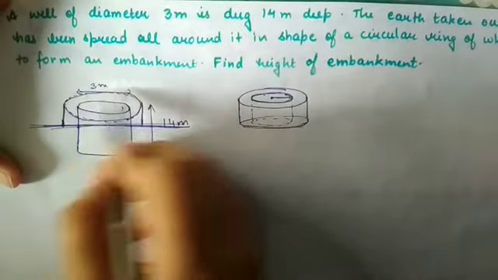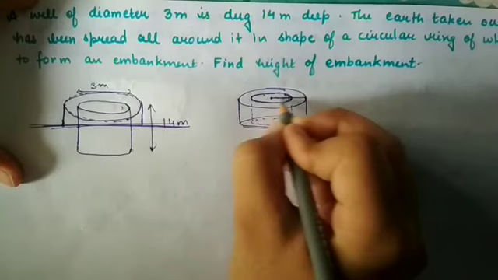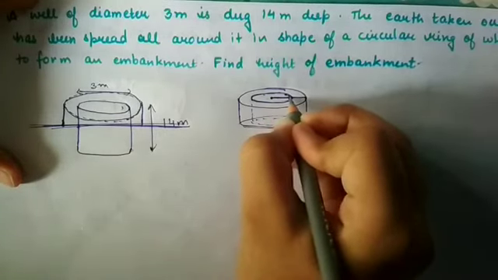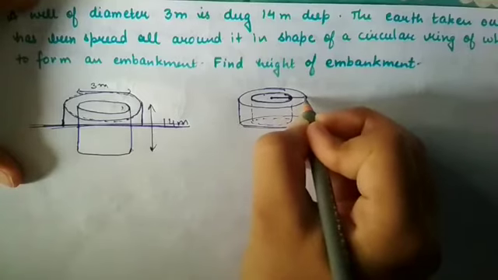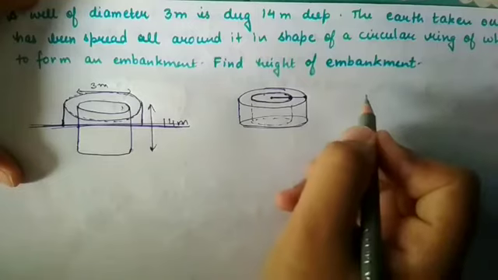The radius of the well is 3 by 2 meters, and the radius of the outer cylinder would be equal to 3 by 2 meters plus this width, and this width is given to be 4 meters. So 3 by 2 plus 4 meters.